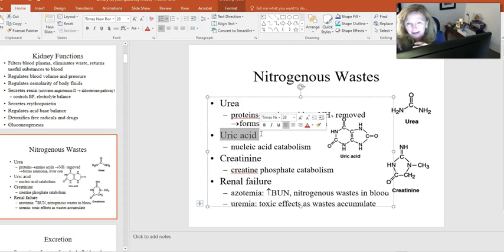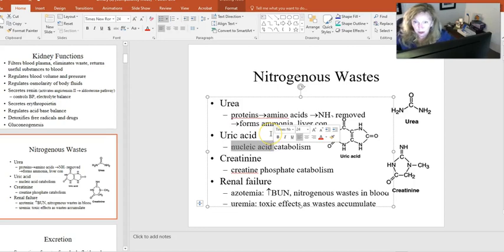So that's what gout actually is. But uric acid is a natural waste product of nucleic acids breaking down. And you remember, our cells all have nucleic acids. They have RNA, several types of RNA and DNA, and a lot of those monomers get recycled, but not all of them, and uric acid can actually form.